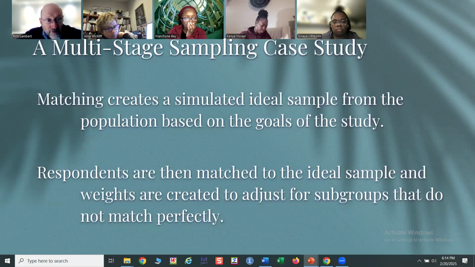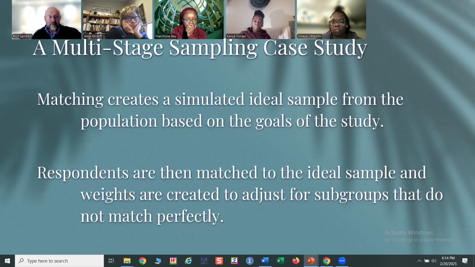Then there's what's called the matching strategy, and this is similar to what Franchon was bringing up earlier. What you do is you create this kind of ideal sample, like what would this artificial school be if there was one out there that looked like America, and then we create that school virtually, and then we weight everybody else in our sample to match what would be happening in that ideal school.